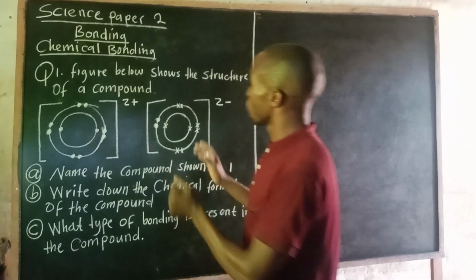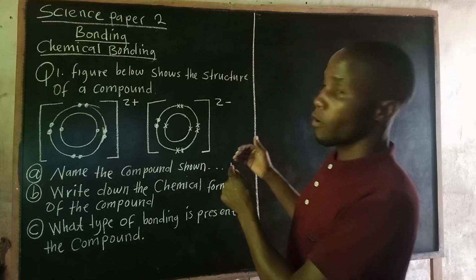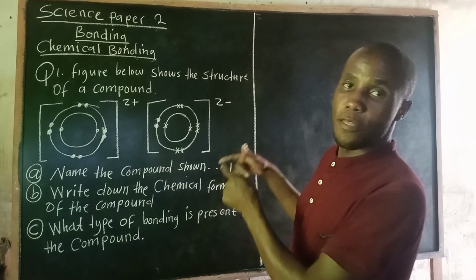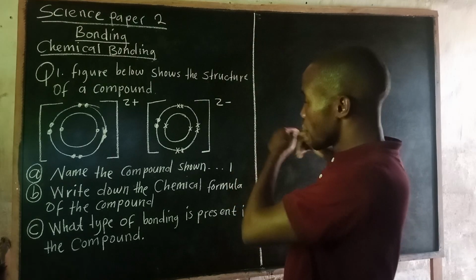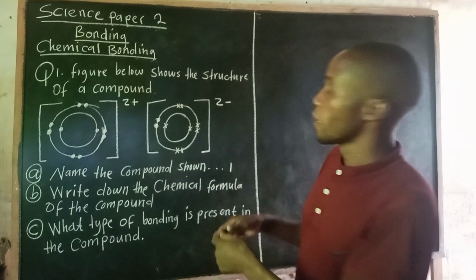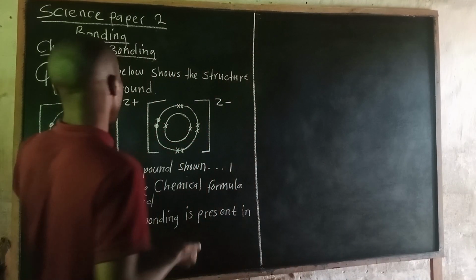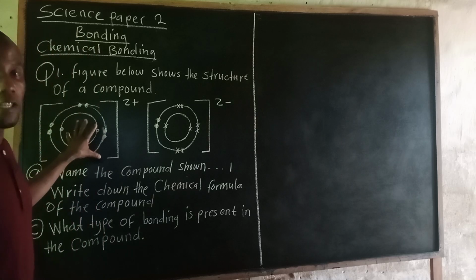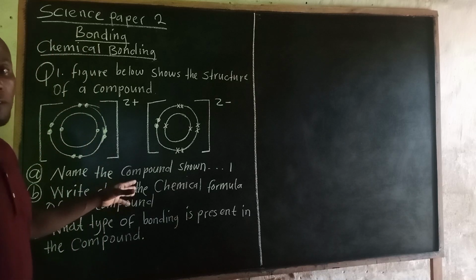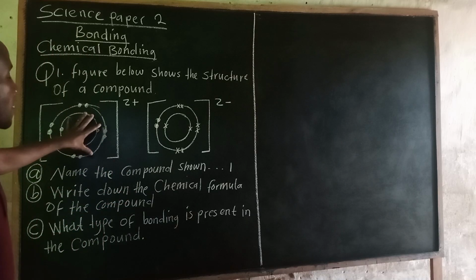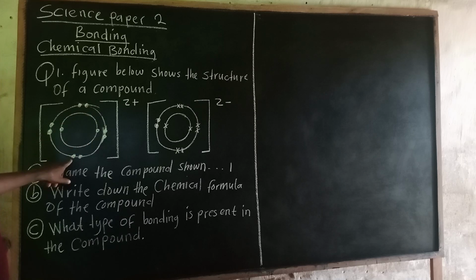What will help you to know what type of compound this is, is looking at the number of electrons that we have. The first diagram here, as you can see, the first shell has 2 electrons. Then the second, which is the outermost shell in this case, has 8 electrons.